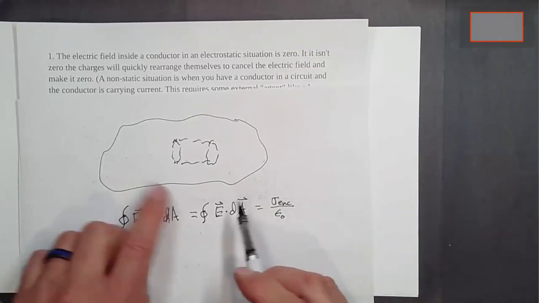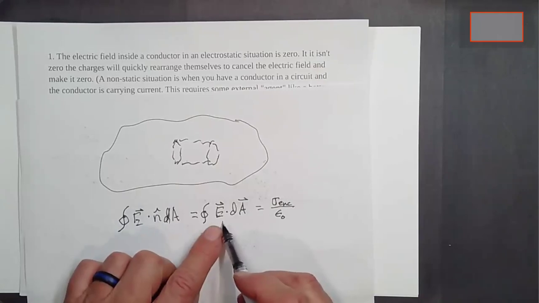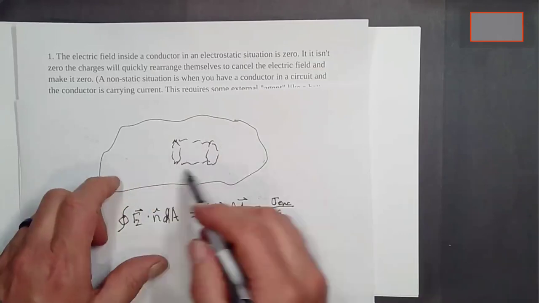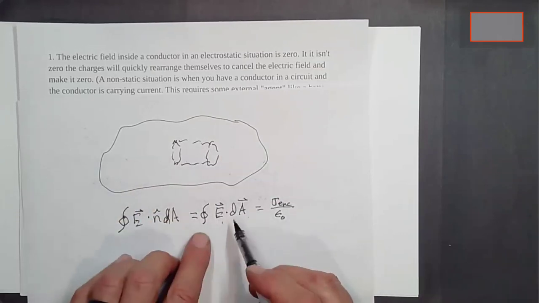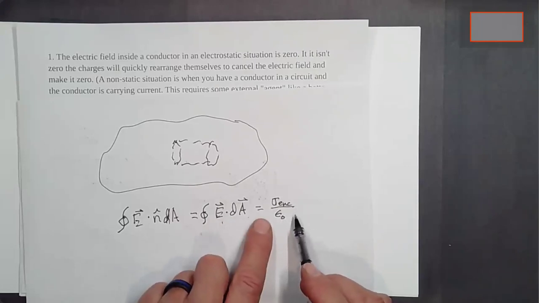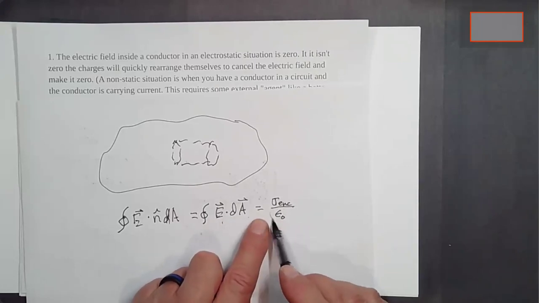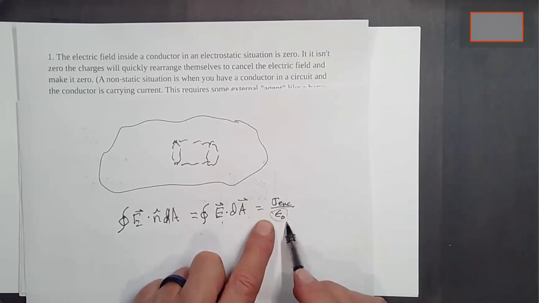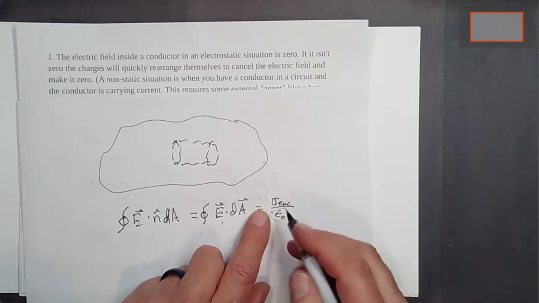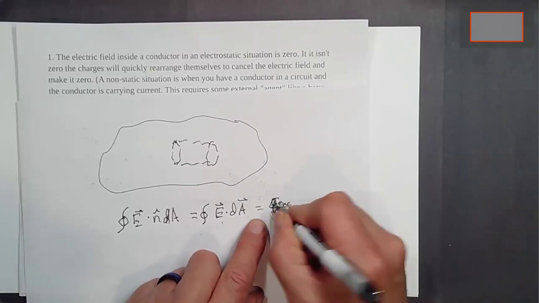Now, because the electric field is zero, this has to be zero. Everywhere inside this conductor in the static situation, the electric field will be zero, which means this side of the equation is going to be zero. Well, if this side is zero, then this side must be zero. This is a non-zero constant of nature, and that must mean that the, whoops, that's supposed to be Q enclosed.